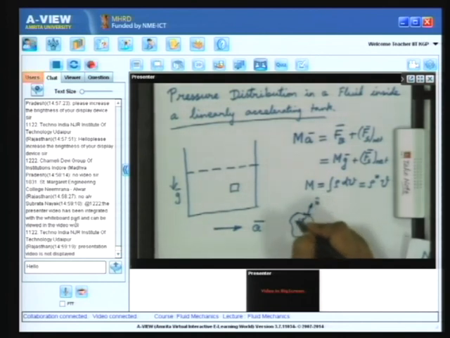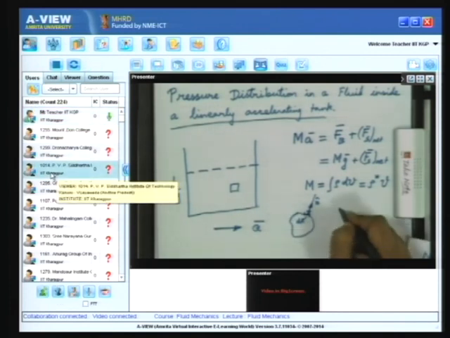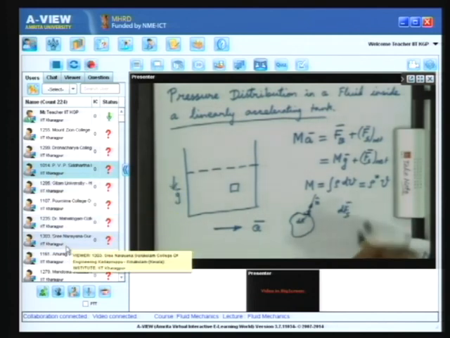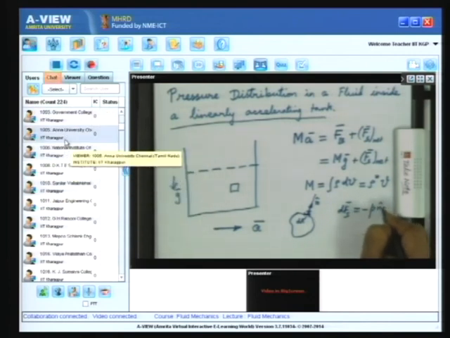Now, if the fluid is at rest, we know that the force on this will be in the normal direction. So, you have df or dFs, the surface force is minus p n dA.